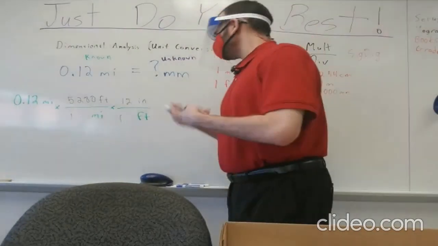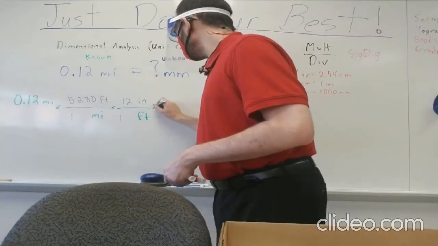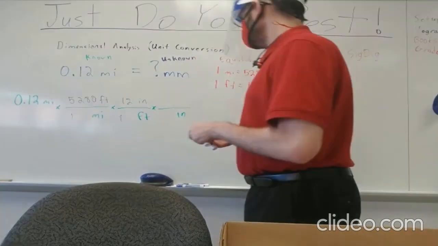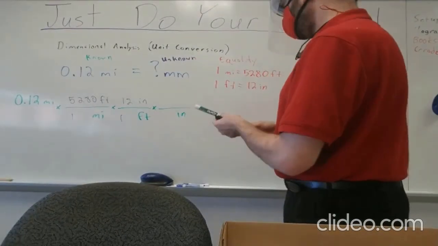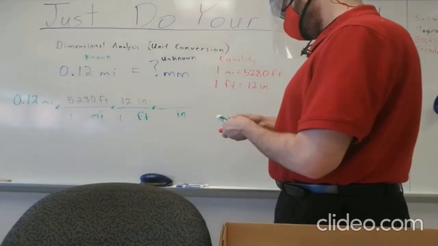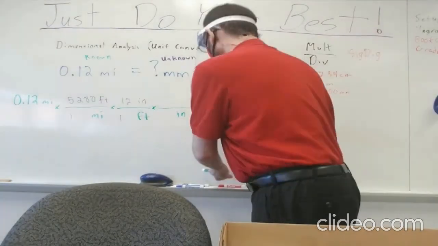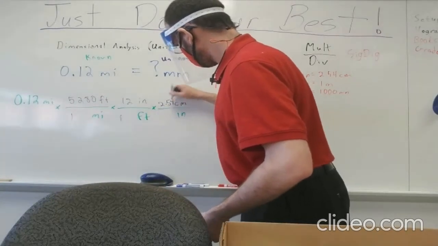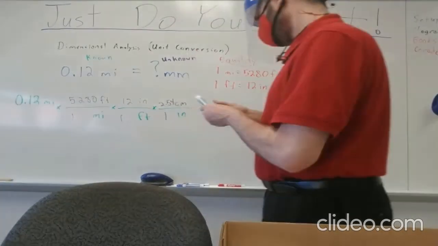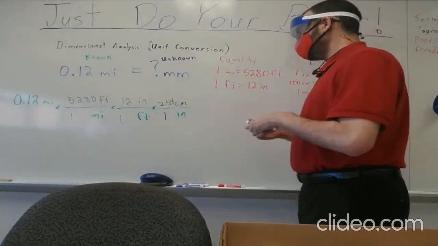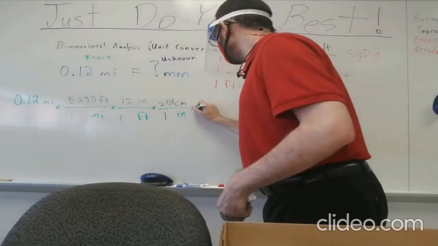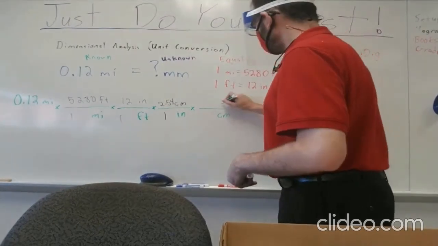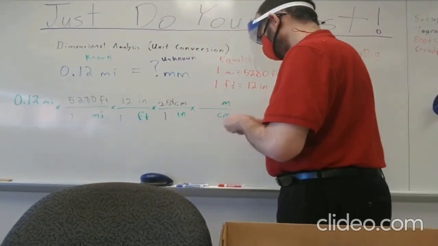Now, that said, I'm going to bring inches down. And I'm going to change inch to centimeter. 2.54 centimeter per inch. I keep going. I bring centimeter down. I change that to meters. Oops, sorry, I wanted to change colors there.